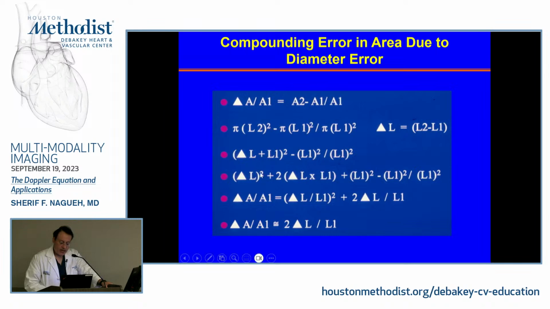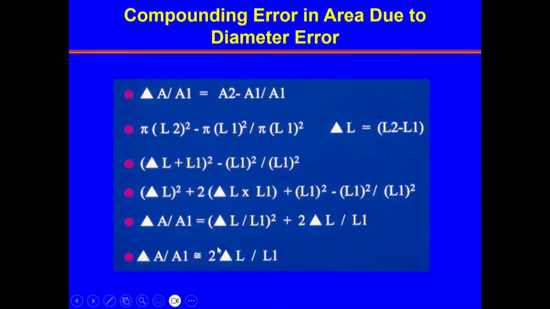But to cut a long story short, the error in the length really is multiplied by 2, and it's a twofold magnitude in the error that you will calculate in the area. That's why if we want to minimize the errors, we always want to use a scale that is more expanded as opposed to a scale that is crowded together.